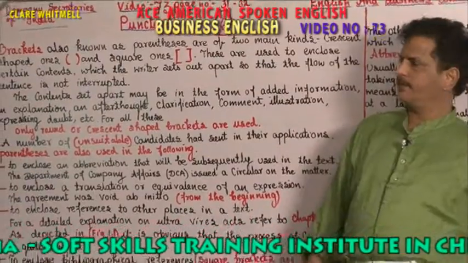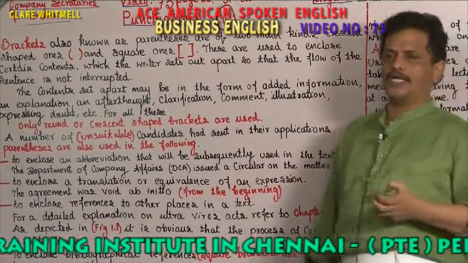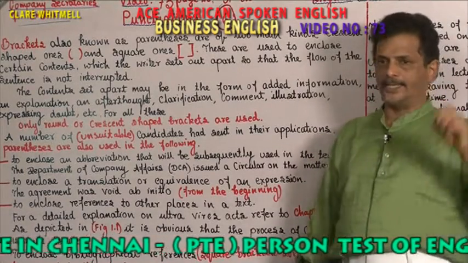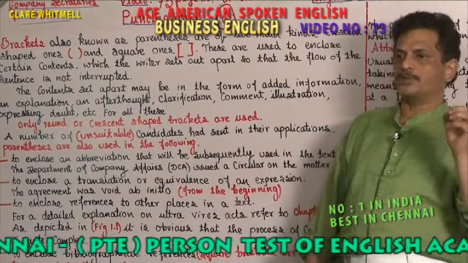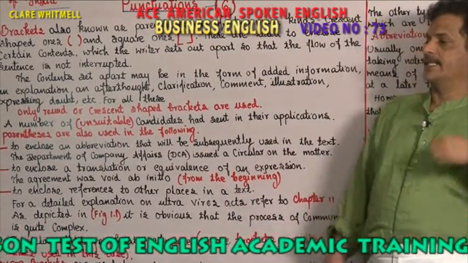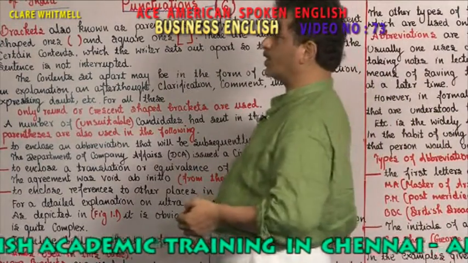So a lot of punctuations are there. The punctuations help the reader to understand very well, right? You write a letter and the punctuation helps the reader to understand what exactly you are telling. It doesn't confuse his mind. So, we have seen quite a lot of punctuation.